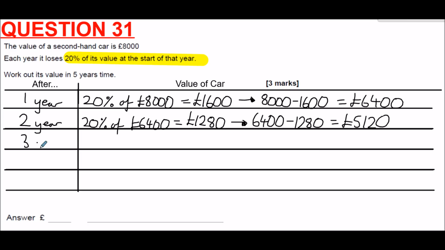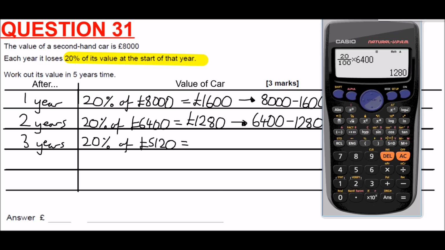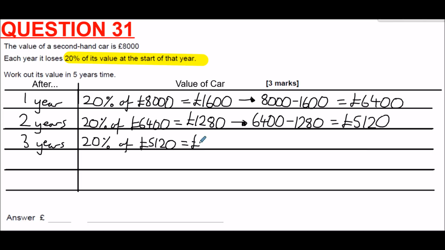So now the next year is the third year. At the beginning of the third year, it will be worth what it was at the end of the second year, so it's 5,120. So it'll lose 20% of that value next. 20% of 5,120, if we type this into the calculator, we get £1,024.